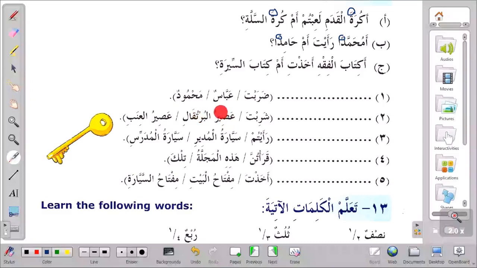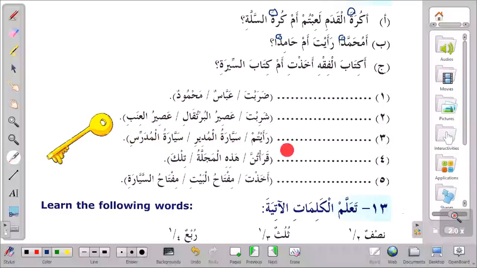So asir al-burtiqali, is it the orange juice that you drank, or the juice of the inab? Inab is grape. Now the third one. So you see, asayyarat al-mudiri ra'aytum am sayyarat al-mudarrisi.